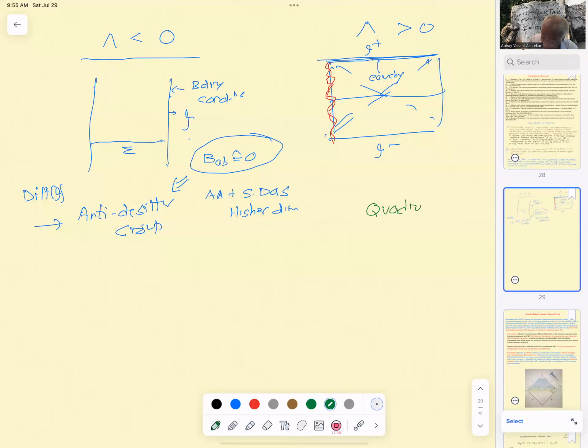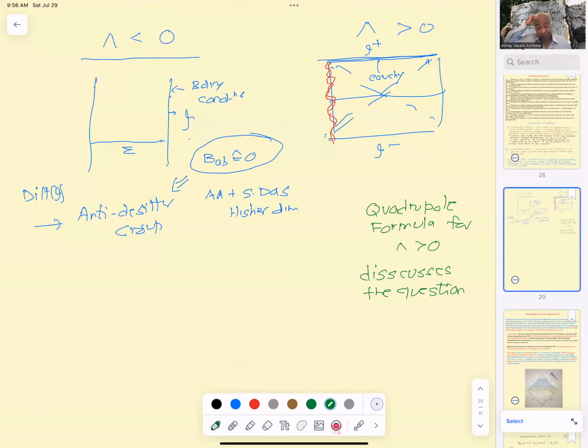So let me just give you this reference up here, and then explain and answer the question. The quadrupole formula for the lambda bigger than 0 case. So this discusses the questions that you asked, namely, why can we ignore the cosmological constant in these considerations, when people are looking at LIGO and pretty soon also LISA. Okay, good.